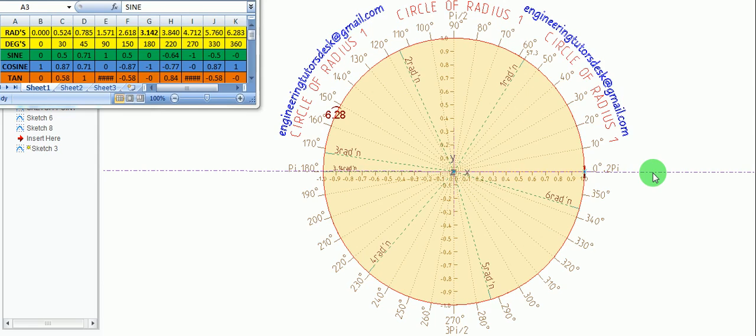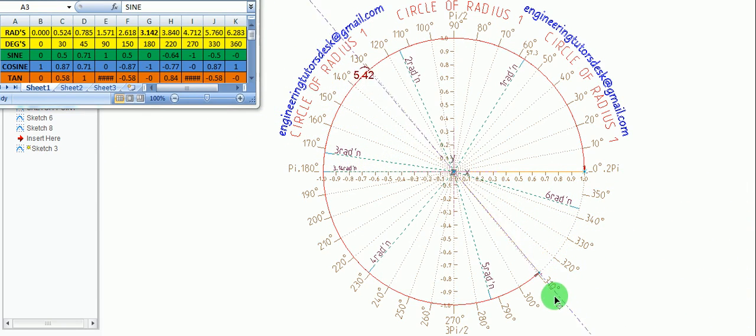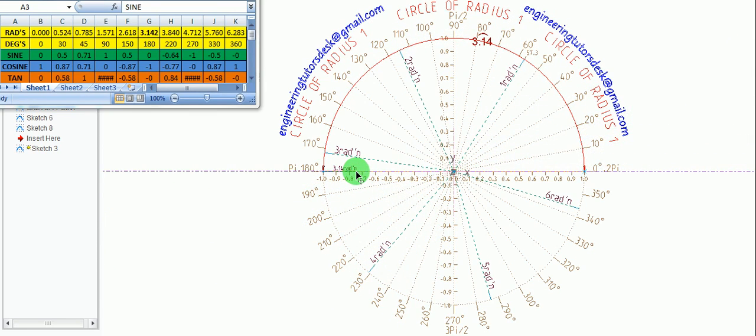Key point to note here is this construction line can be either exactly vertical or exactly horizontal, or it can take any angle.